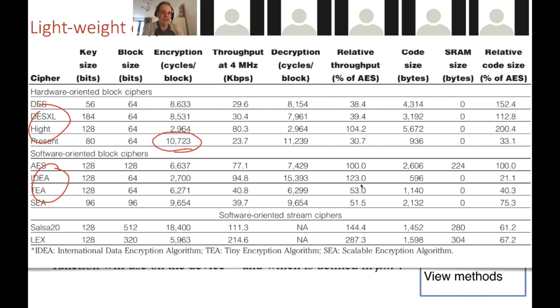You can see this one does very well here. This one has the highest amount for cycles per block, but you can see there its code size is quite small from there. Okay, if you look at something like IDEA, it's only taken 20% of the code that AES would in running in memory.